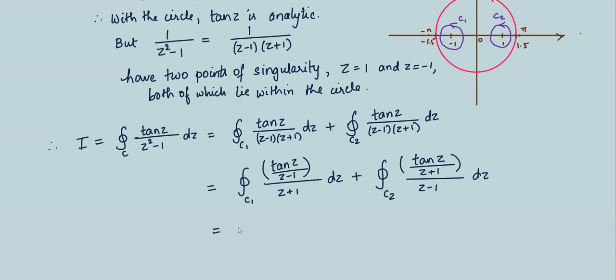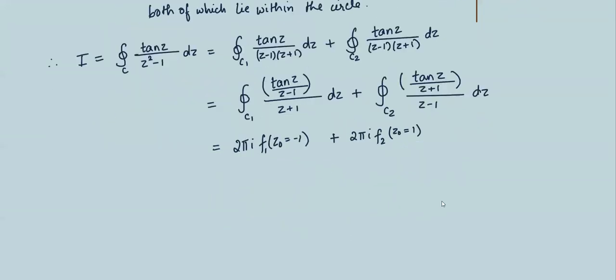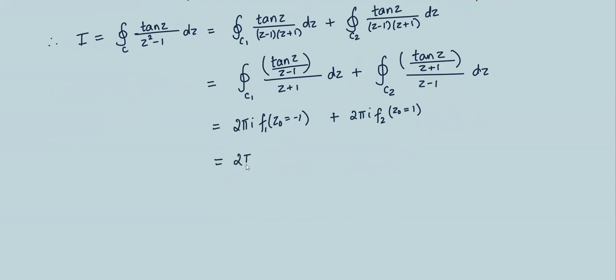So now this becomes 2 pi I f1 of z naught equal to -1 plus 2 pi I f2 at z naught equal to +1, by Cauchy's integral formula. 2 pi I tan of -1 by -1 -1, plus 2 pi I tan 1 by 1 plus 1.